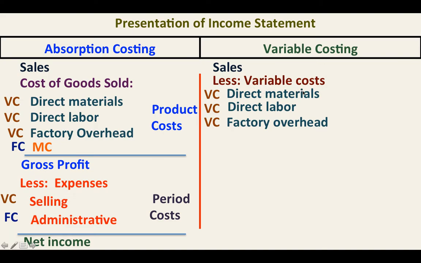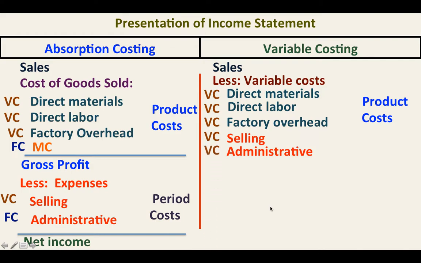Because we are saying here less variable cost. By the way, this will be our product cost, right? We will also deduct, okay, the variable cost component of the selling and admin, kung ano yung mga variable. Okay? For presentation. Okay. So if we will deduct all the variable cost, however, this selling and admin is not a product cost, but it is a period cost.